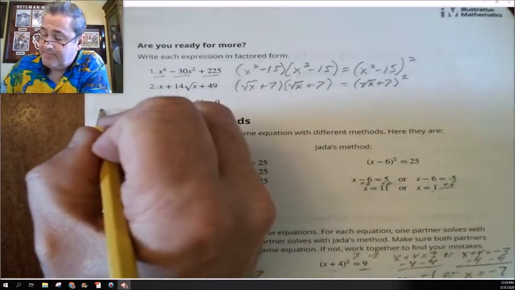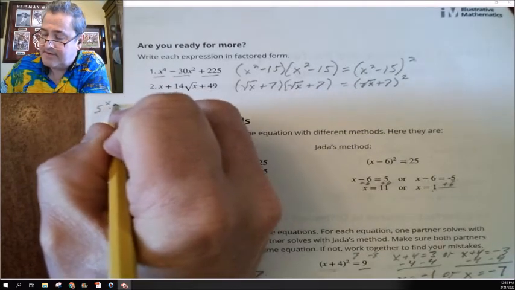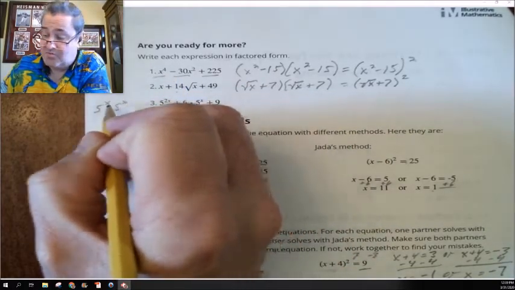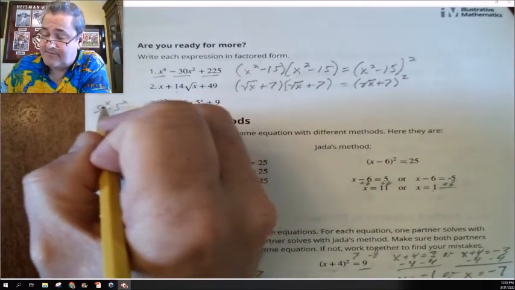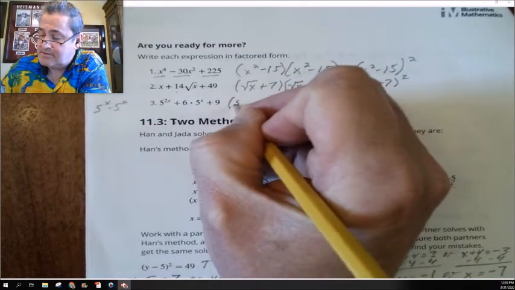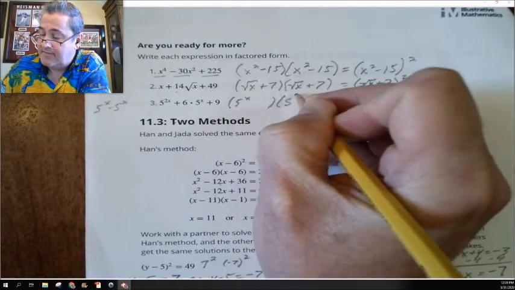Well, if we remember our rules of exponents, we add exponents when they're multiplied together. So 5 to the x times 5 to the x would be 5 to the 2x. So we'll put 5 to the x and 5 to the x.